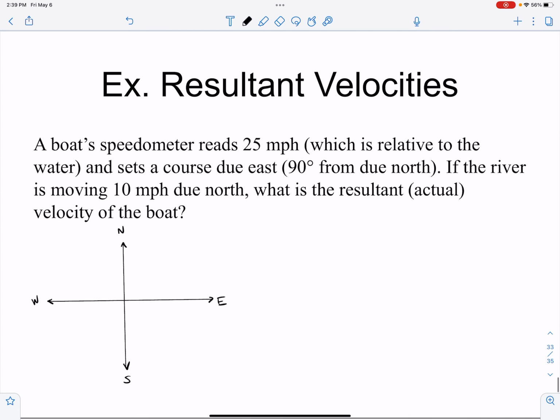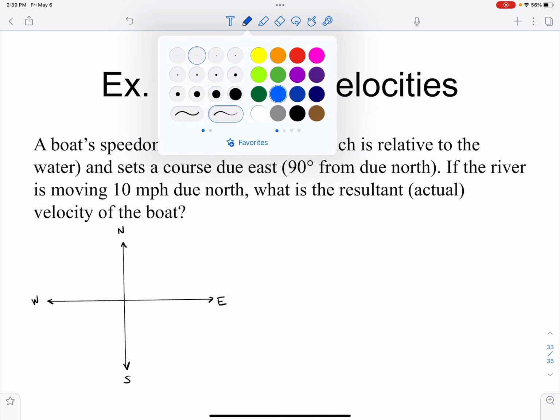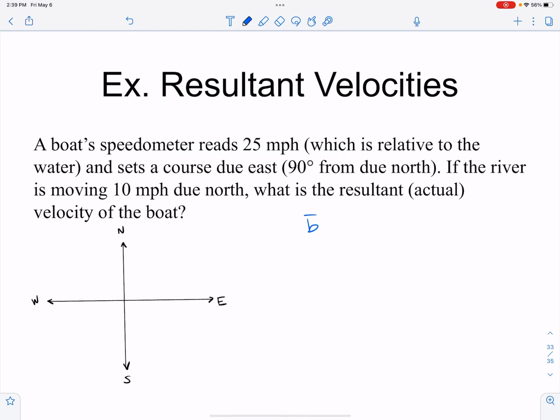So the first vector quantity that we're given is the velocity of the boat. So I'm going to call that vector B to represent the velocity of the boat, which is 25 miles per hour and sets a course due east.